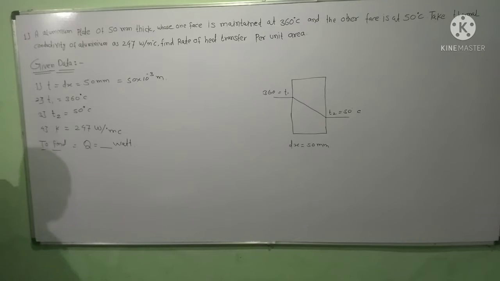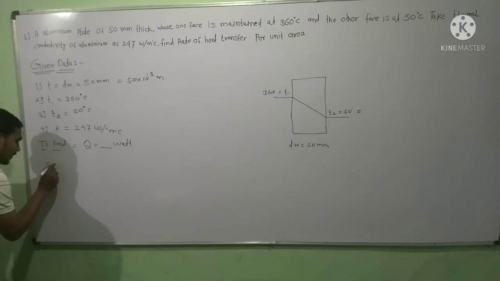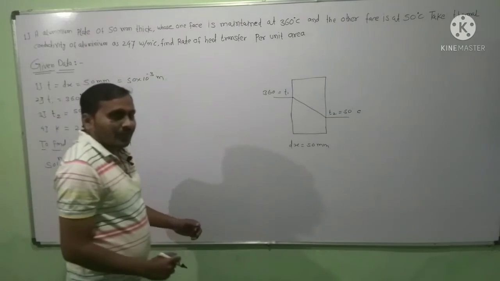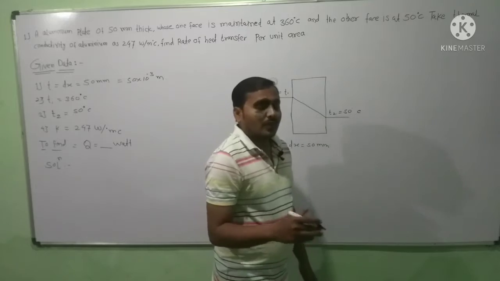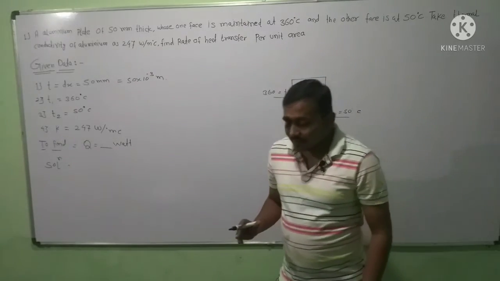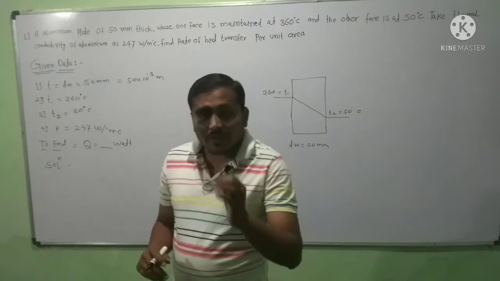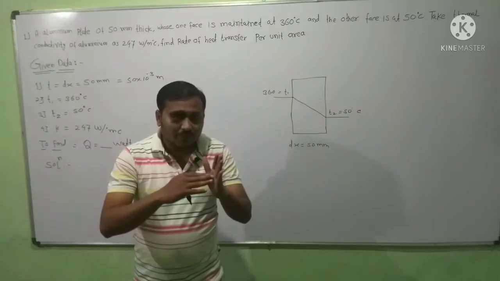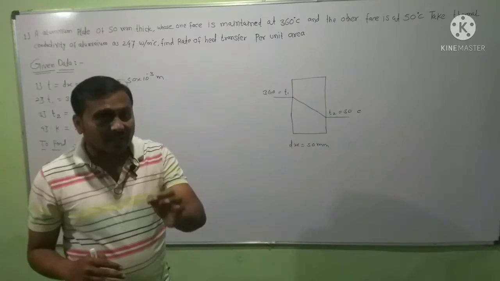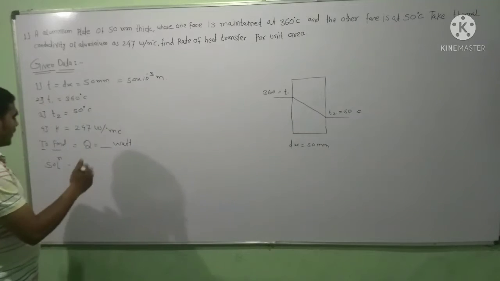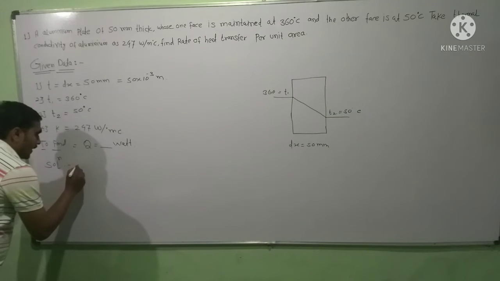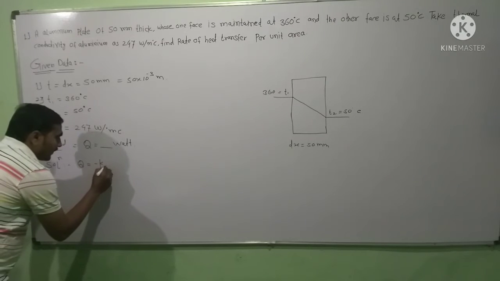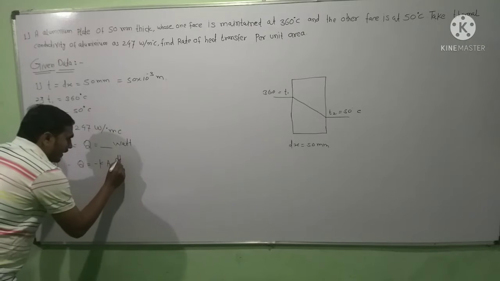Friends, the solution of this numerical, we have seen in the last lecture. If you have missed it, you can go to the last lecture on Fourier's law of heat transfer. In Fourier's law, the rate of heat transfer is directly proportional to the surface area perpendicular to the flow, as well as directly proportional to the temperature gradient dT by dx. So according to Fourier's law, the rate of heat transfer Q equals minus k A dT by dx.